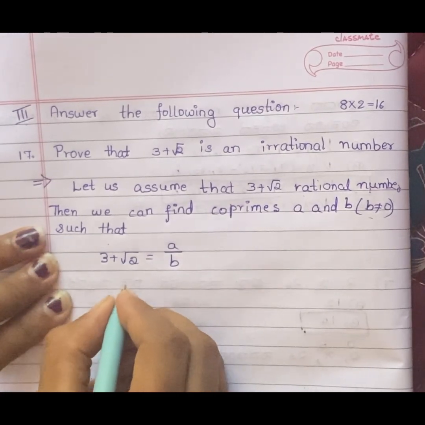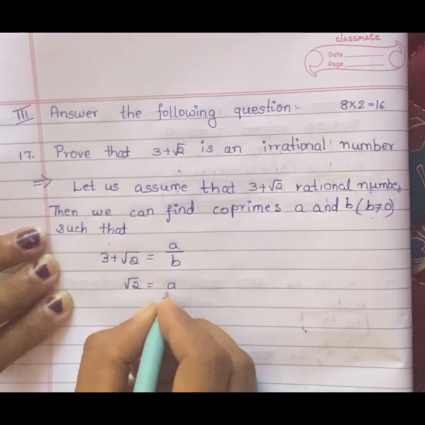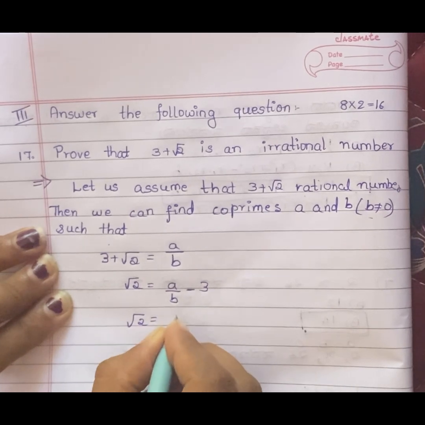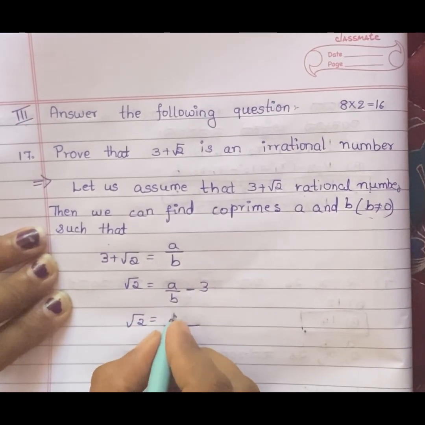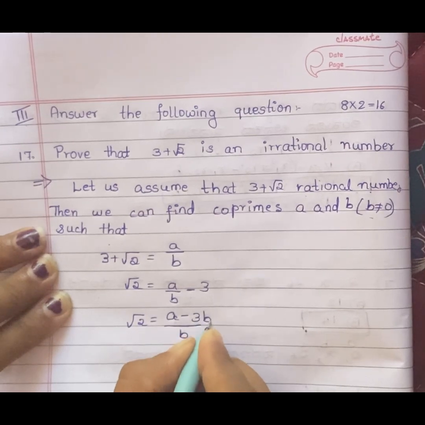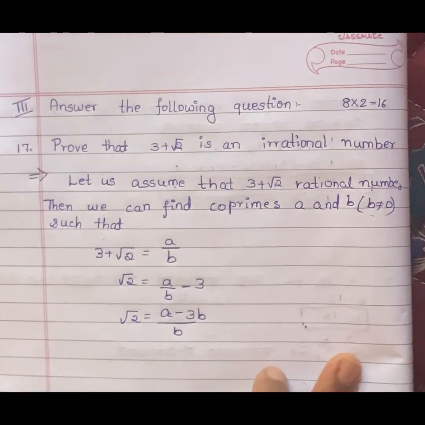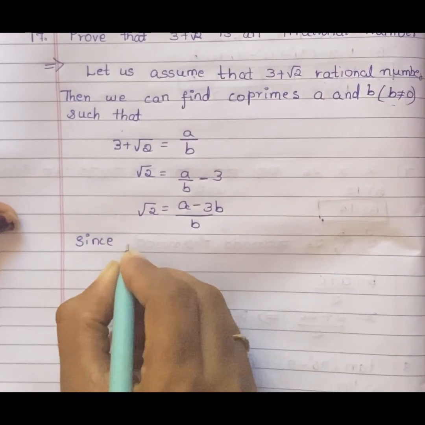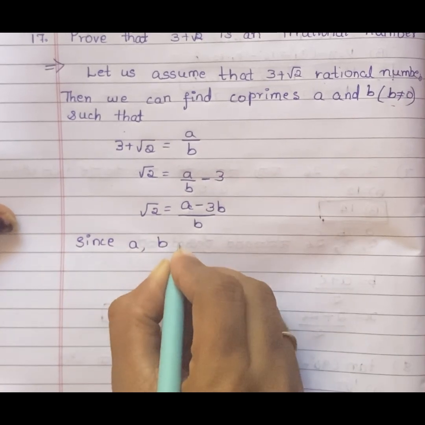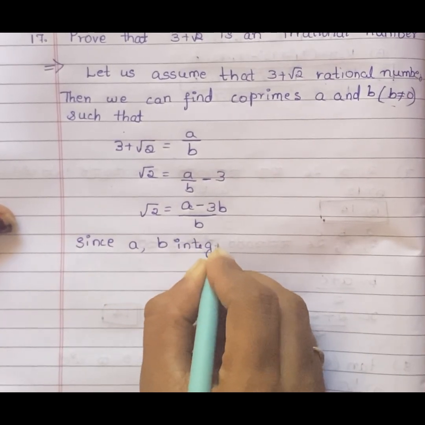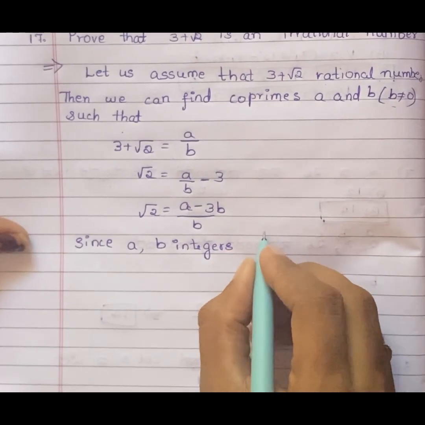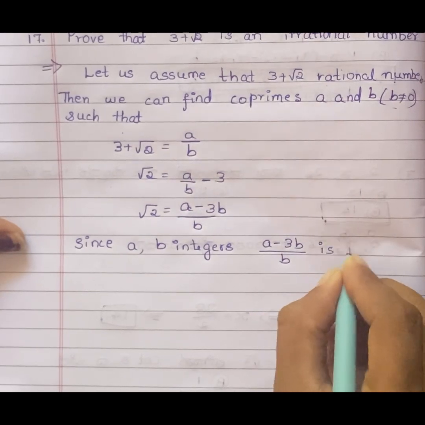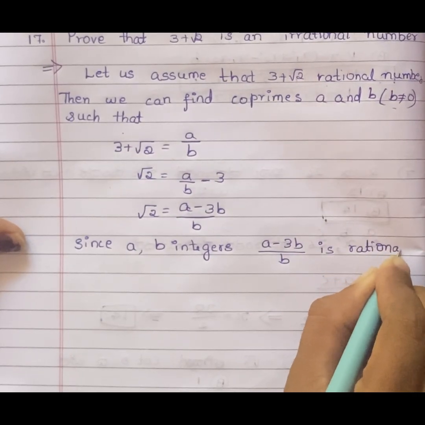If we cross multiply this, root 2 is equal to A by B minus 3. So root 2 is equal to, if we take B common, A minus 3B by B. Now, since A and B are integers, A minus 3B divided by B is rational.